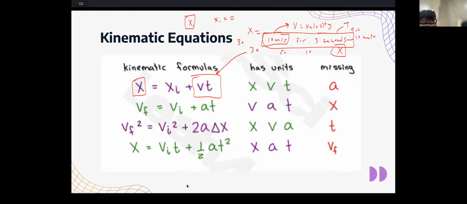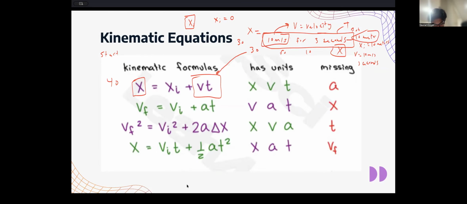So x initial is equal to 10 meters, v is equal to 10 meters per second, and for 3 seconds he goes 10 times 3, which is 30, plus the 10 meters he started at. Then his final distance would be 40 meters from the starting point. Relative to the starting point, he is 40 meters away because he already started 10 meters away. Does that make sense to you guys?